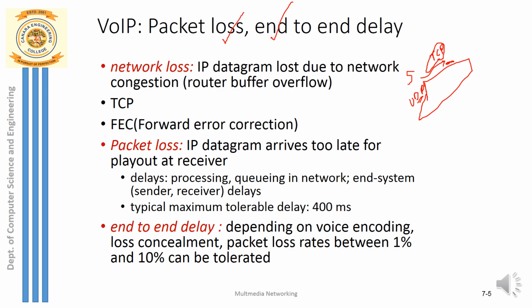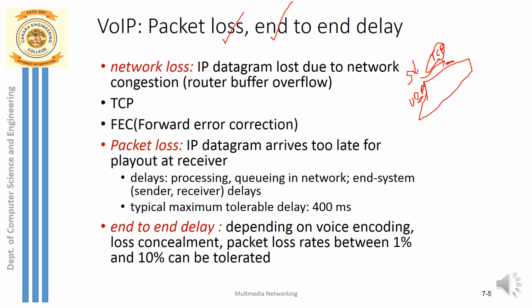And because of this congestion, TCP will try to slow down the sending rate. We have a congestion control mechanism in TCP wherein the sender will slow down the sending traffic if the congestion increases.